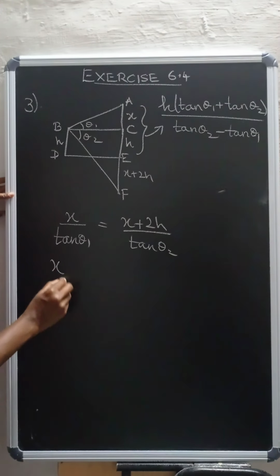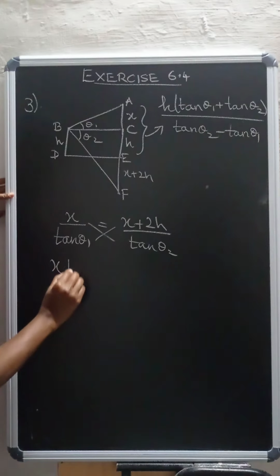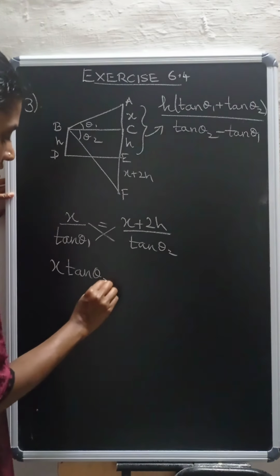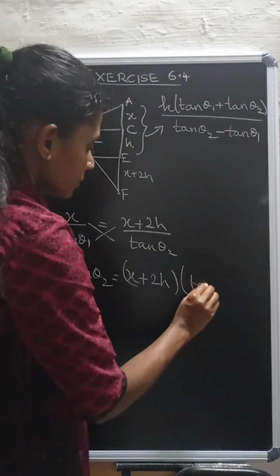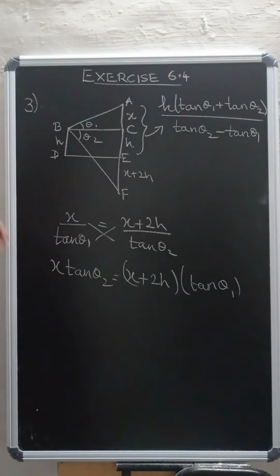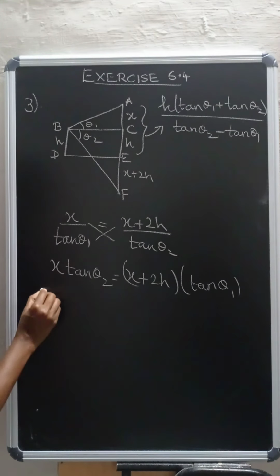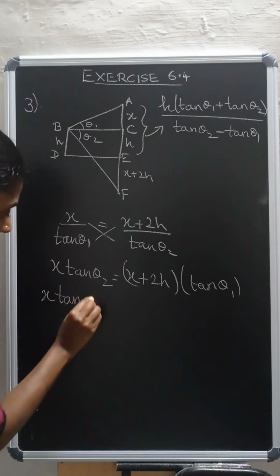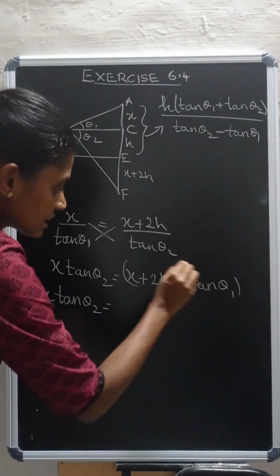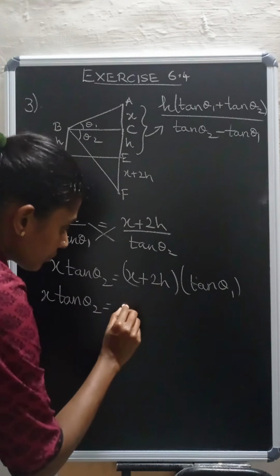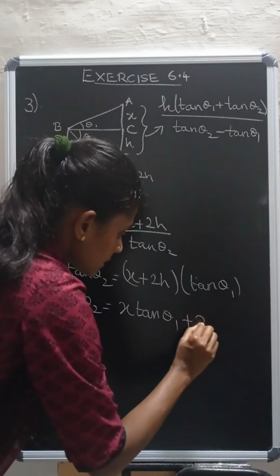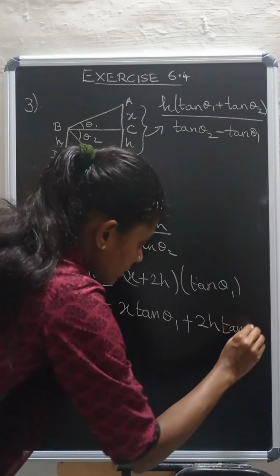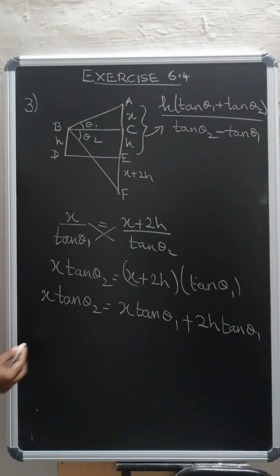So cross multiply. x tan theta 2 is equal to (x plus 2h) into tan theta 1. So x tan theta 2 is equal to first term with the first term and second term with the first term: x tan theta 1 plus 2h tan theta 1.